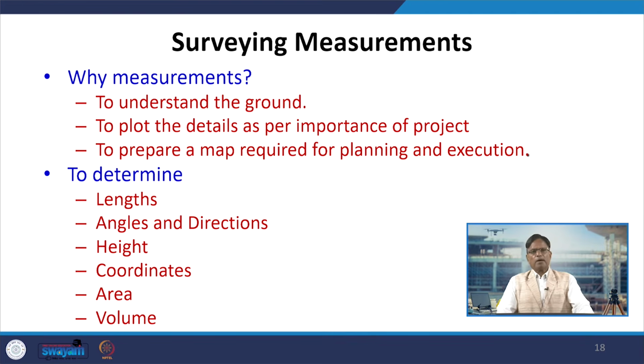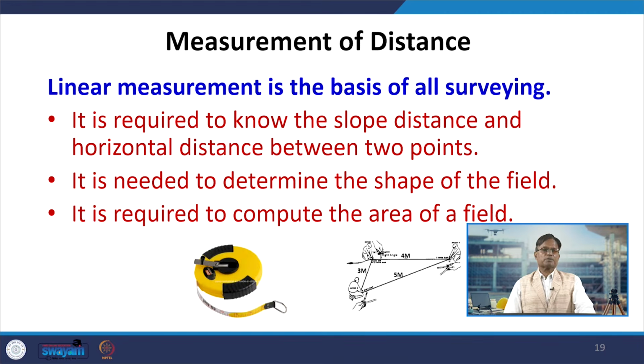Then we prepare a map required for planning and execution of the work. We determine various things from the maps, as already told: length, angles, height, coordinates, area, volume. All these features can be easily computed from these maps.